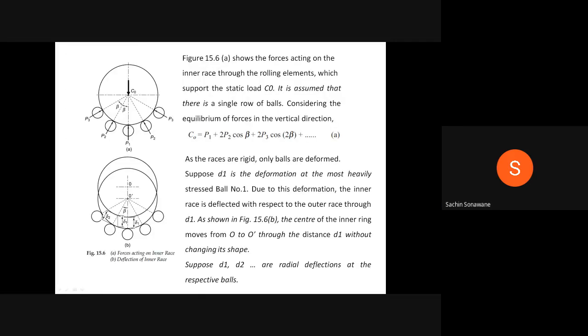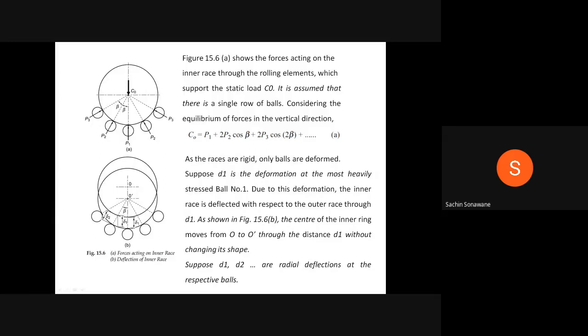Now, figure 15.6 shows the forces acting on the inner race through the rolling elements which support the static load CO. It is assumed that there is a single row of balls.